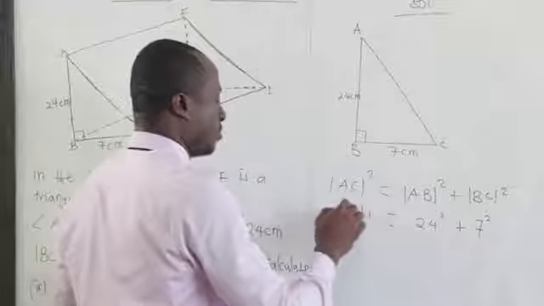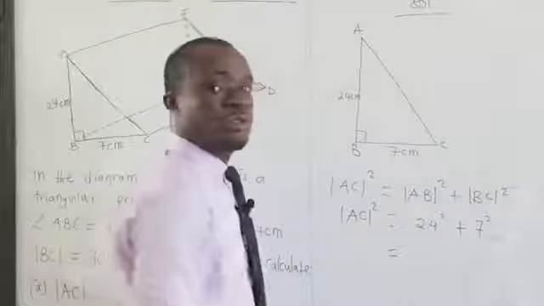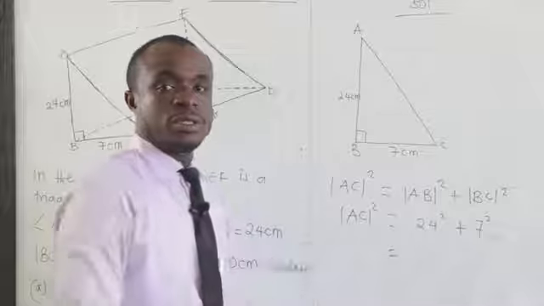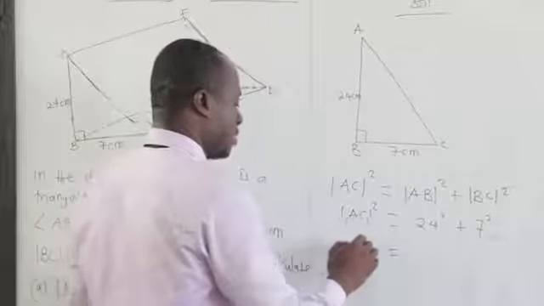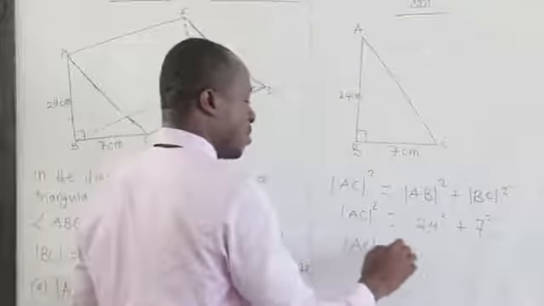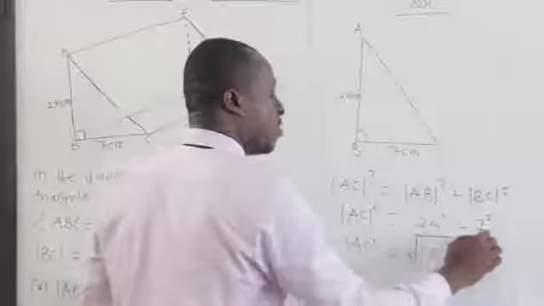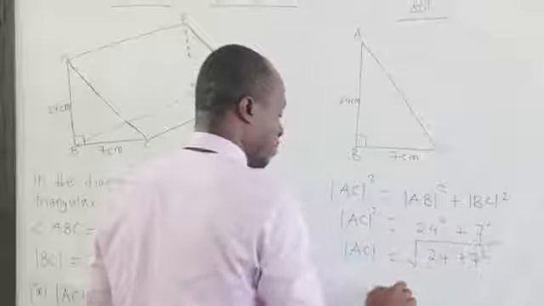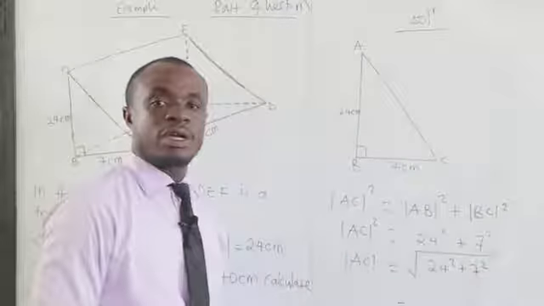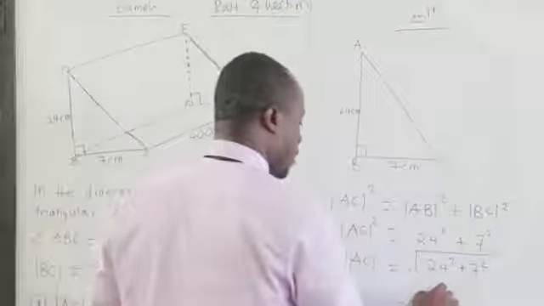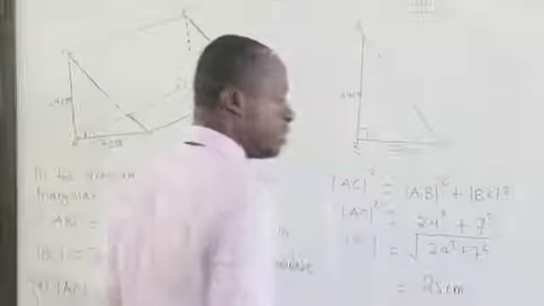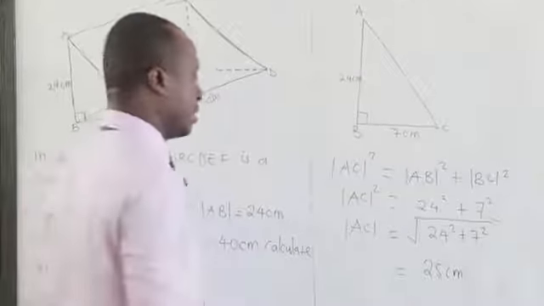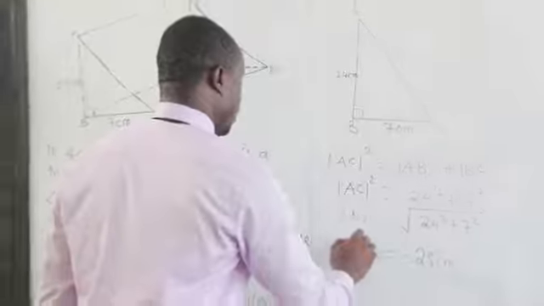You're allowed to use the calculator. Don't waste your time punching this on the calculator. Clearly, the AC square will now become square root, so you have square root of 24 square plus 7 square. When you punch this on the calculator, you are going to get 25 centimeters. That is our AC, the length AC.